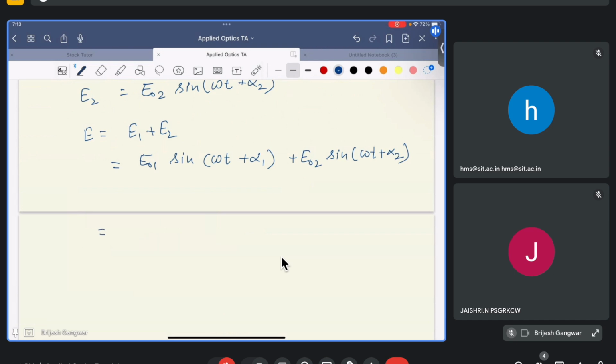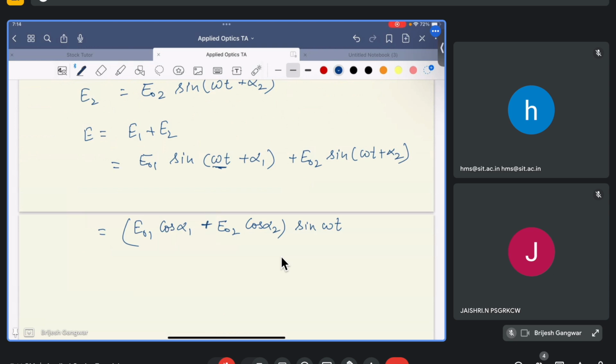There will be a long derivation, but if you separate the ω term, you will get (E01 cos α1 + E02 cos α2) sin ωt.